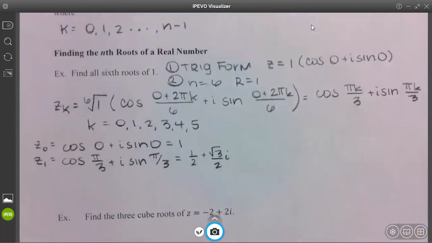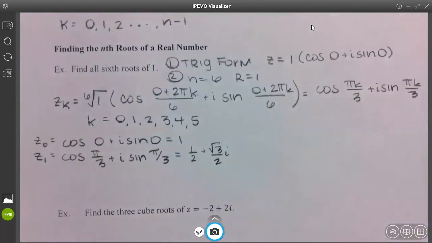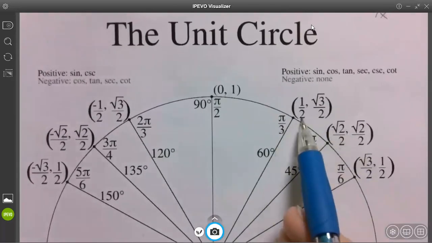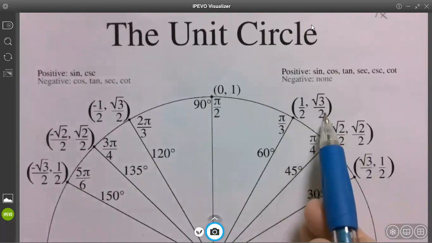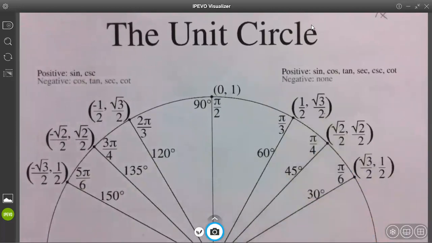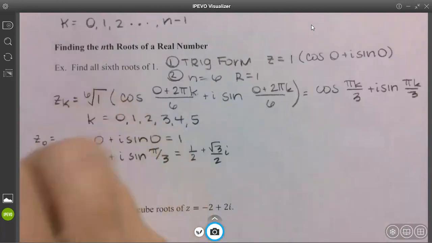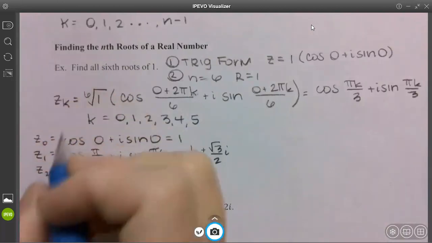Don't forget your i with that. Again, that's from your cheat sheet. Pi over 3 is right here. Cosine is your x coordinate at 1/2. Sine is your y coordinate at square root of 3 over 2. So that's where these numbers are coming from, and I'm not going to keep showing you, but that's where they're all coming from.